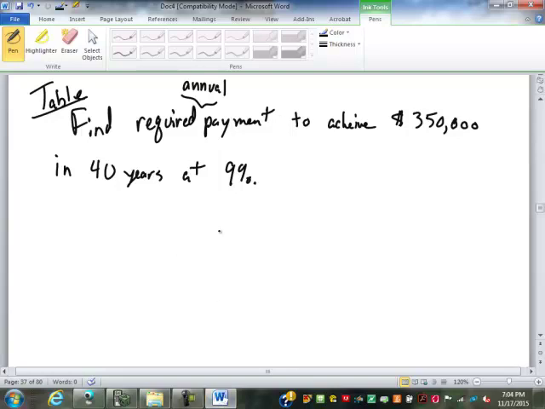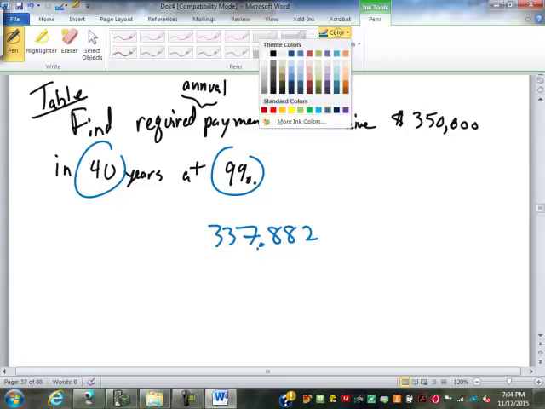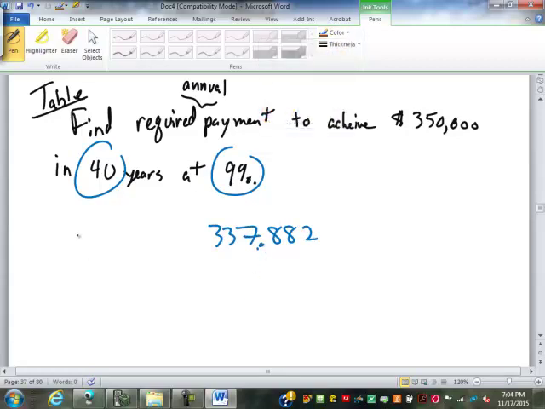So we find our factor in the table. This is going to be, because it is annual payments, 40 periods, 9%. What do we get out of the table? 337.882. Is that the factor you guys found? So we are going to take 350,000 divided by that.